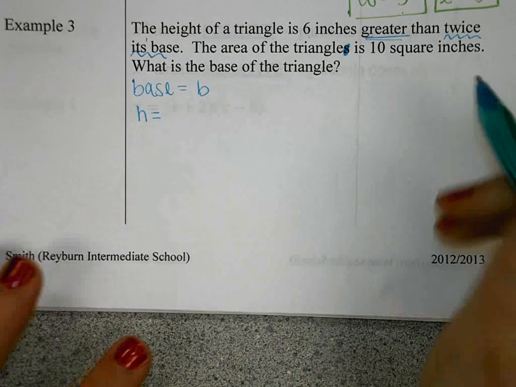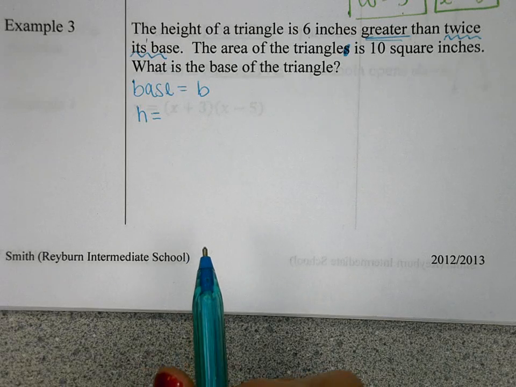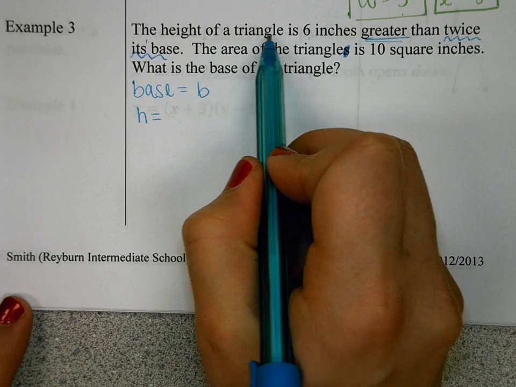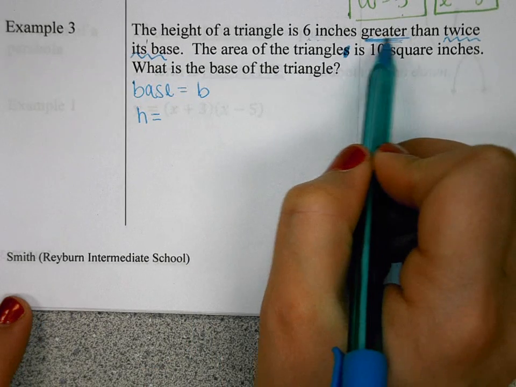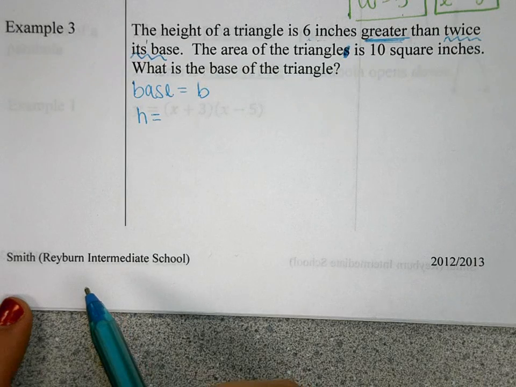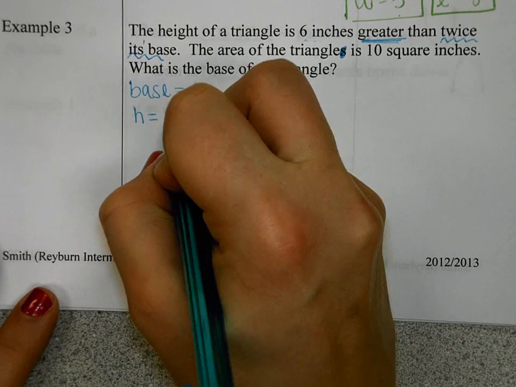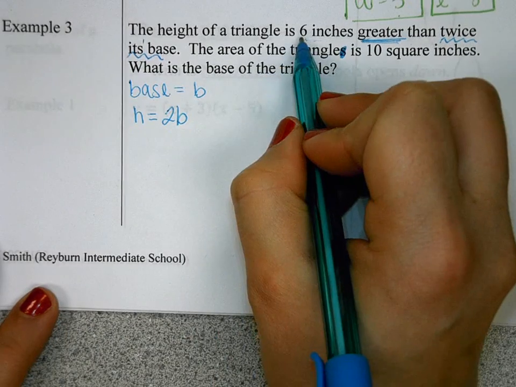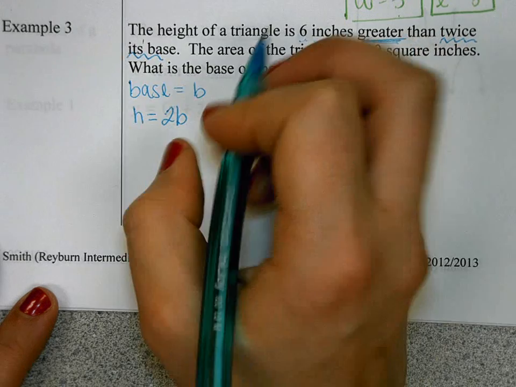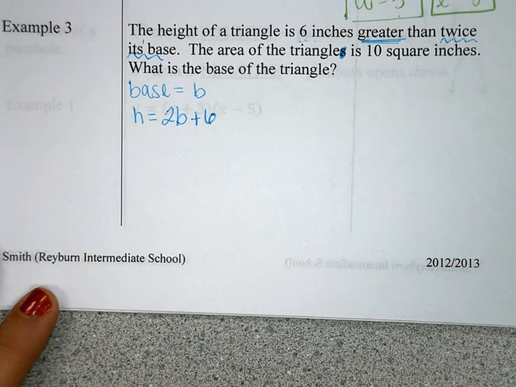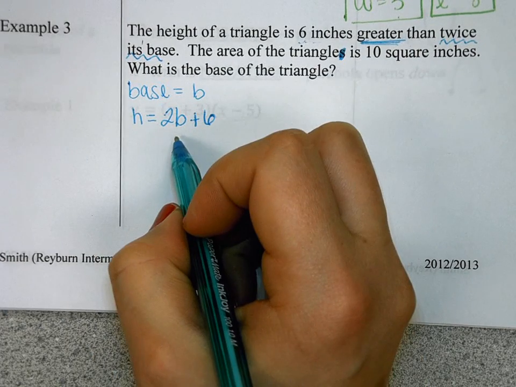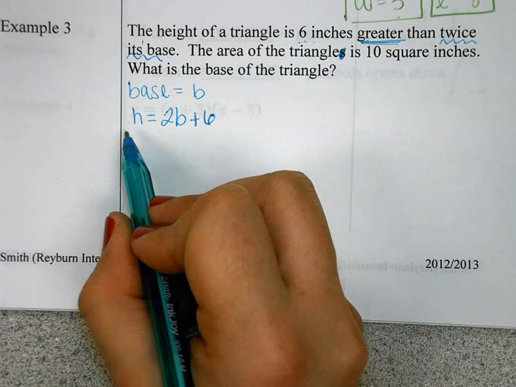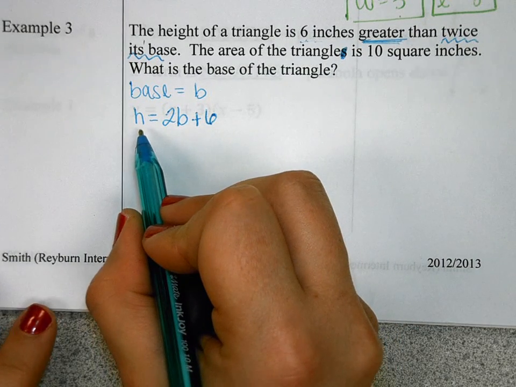H. H, okay, but we know some information about the height, right? The height is 6 inches greater than twice the base. What does twice the base mean? 2b. And then what does 6 inches greater mean? Plus 6. So we take the base, multiply it by 2, and then add 6. That's how we're going to find the height.